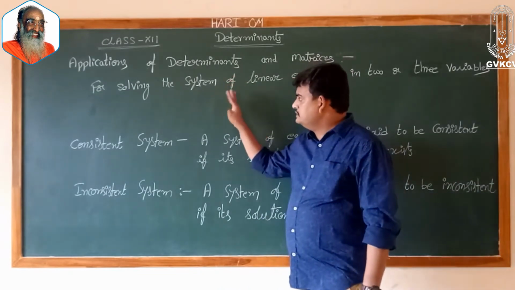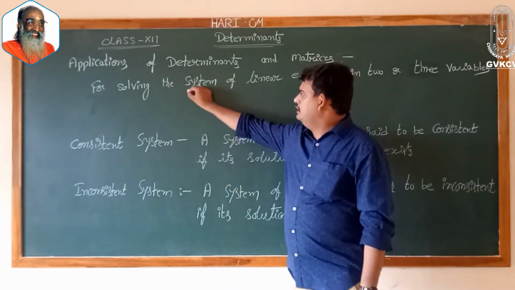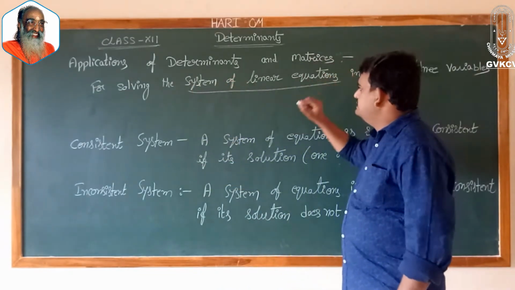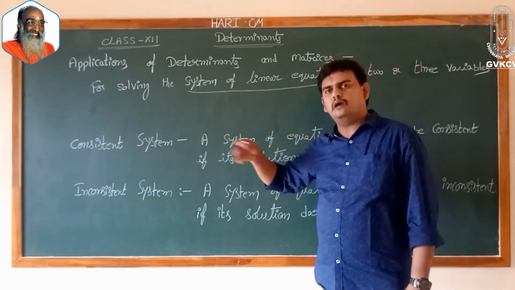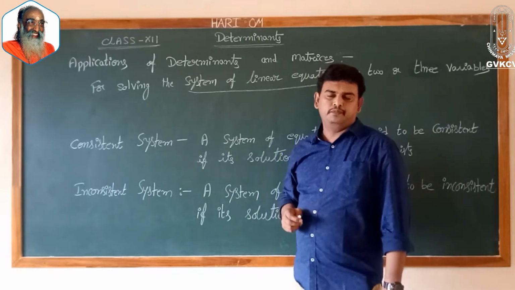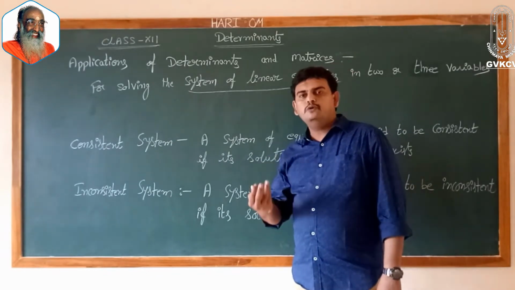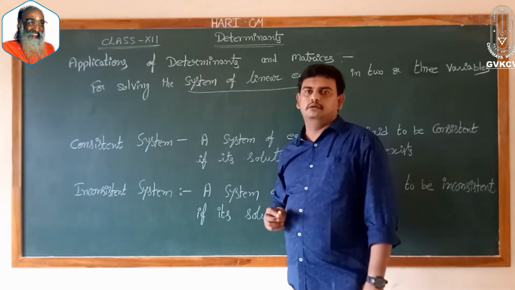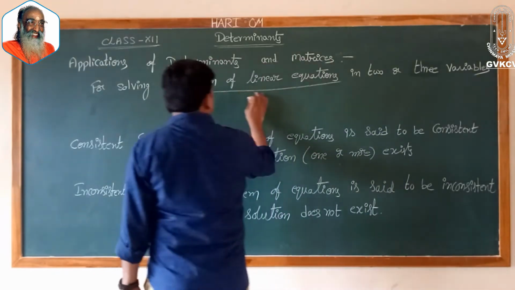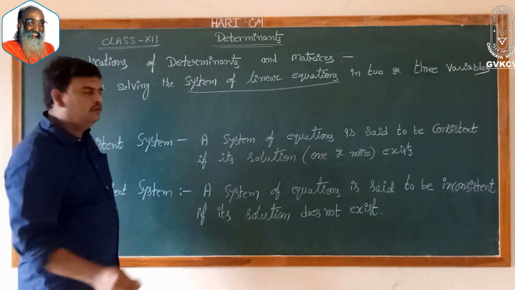Now here also, when we are talking about a system of linear equations, these may have a solution or may not have a solution. Then how can we say whether they have a solution or not? Now, what system of linear equations do we have?